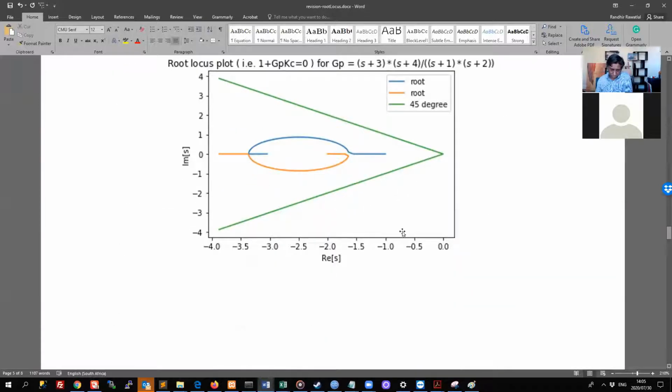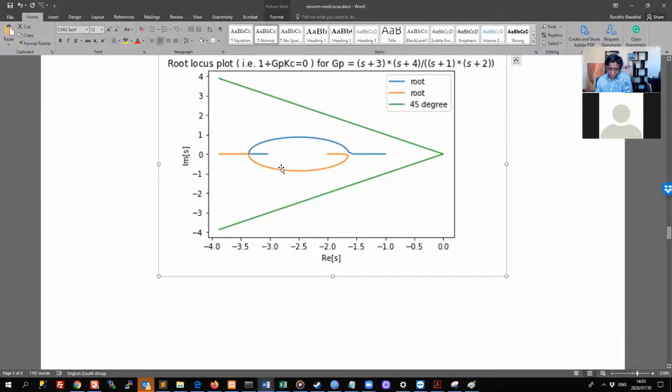So here's -1 and here's -2. So here we start on this blue line. The blue line actually starts here. So we travel up to this point, and then at this point we break out. So here we were traveling along the negative real axis, and then we broke out of the real axis and we loop around here and then travel in like so.